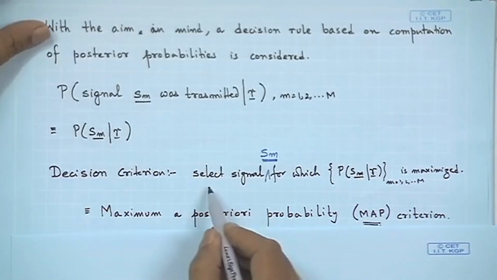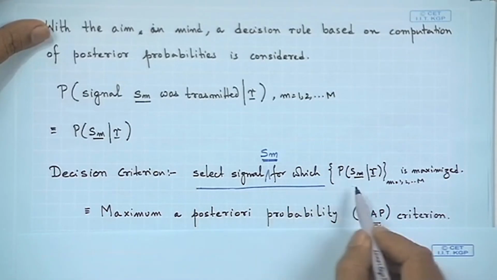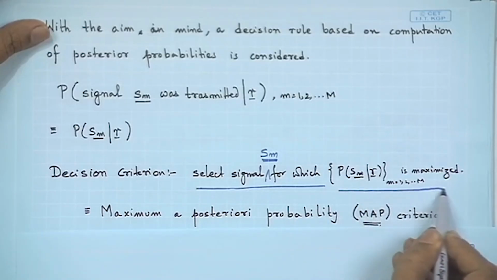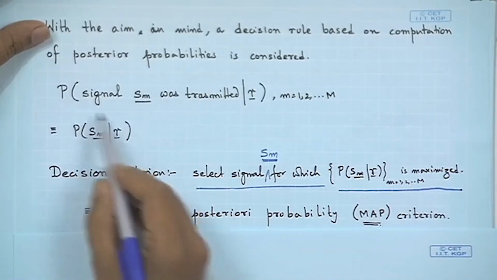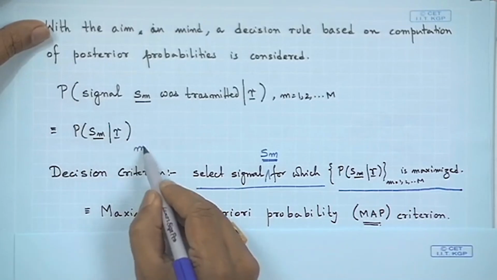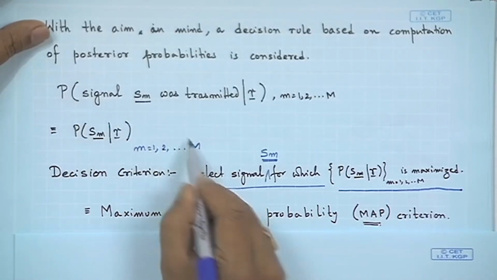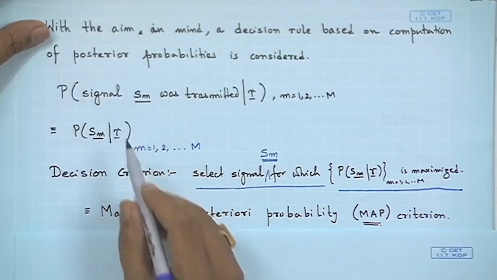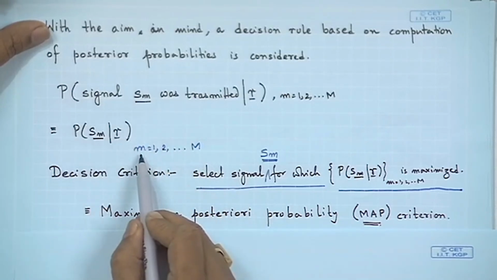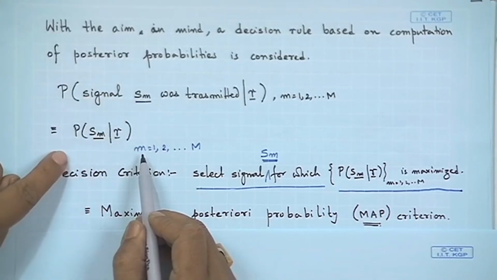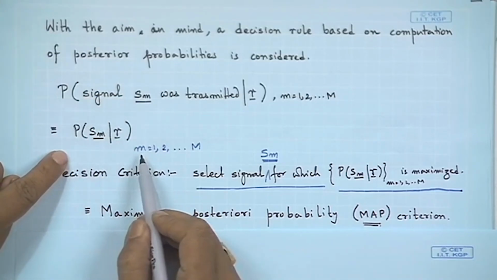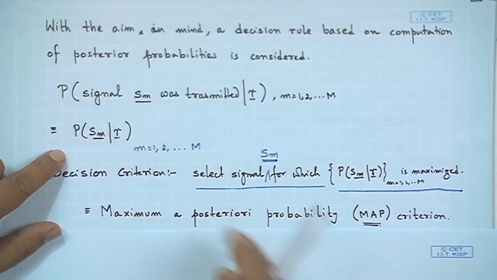So the decision criteria is to select the signal Sm for which these probabilities are maximized. That means we have to calculate these probabilities for m equals 1, 2 up to capital M. For that value of m for which this probability is maximum, we will be choosing that value of m as the solution.